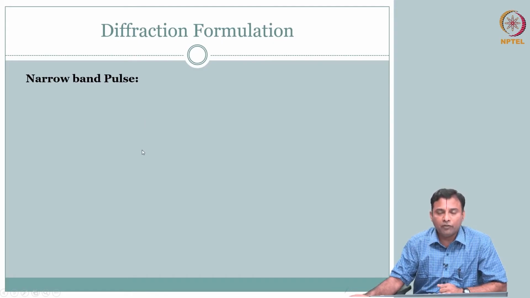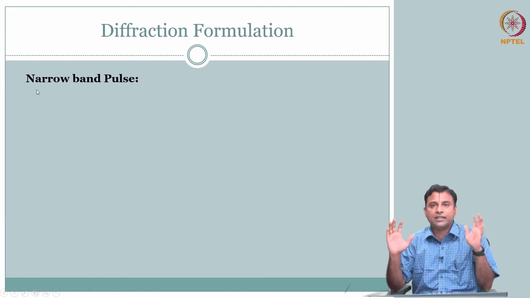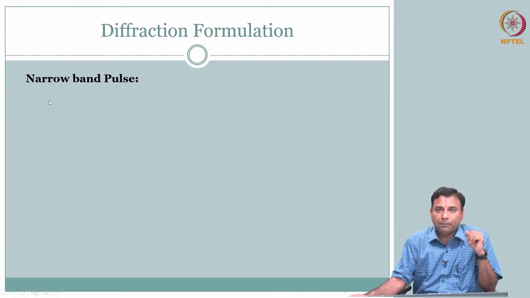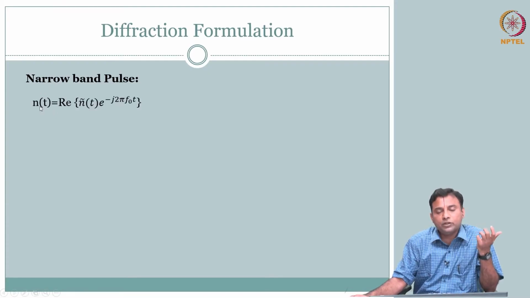So, we will start with what we want to operate. We want to operate in pulse echo mode. So, ideally we want to use a narrow band pulse. So, how do we formulate this? Let us write a narrow band pulse to be n of t. Acoustic is a physical system, so you are going to have the real part of n tilde of t with a frequency term here.